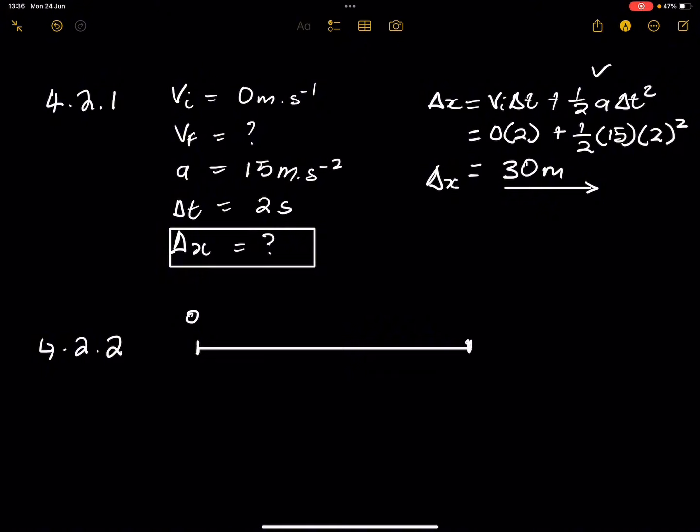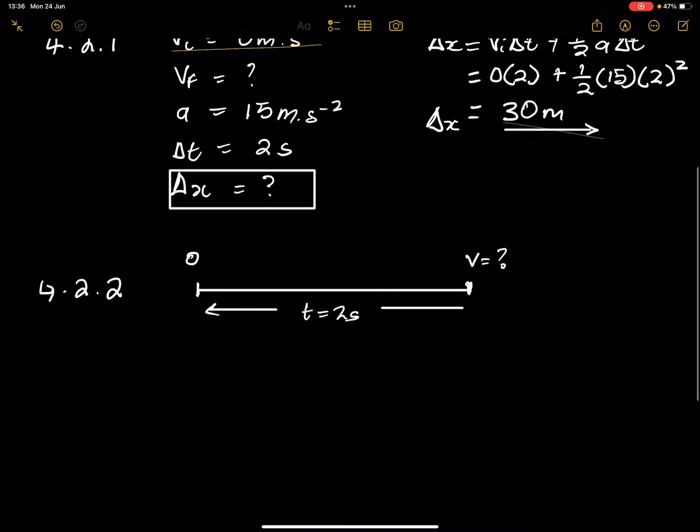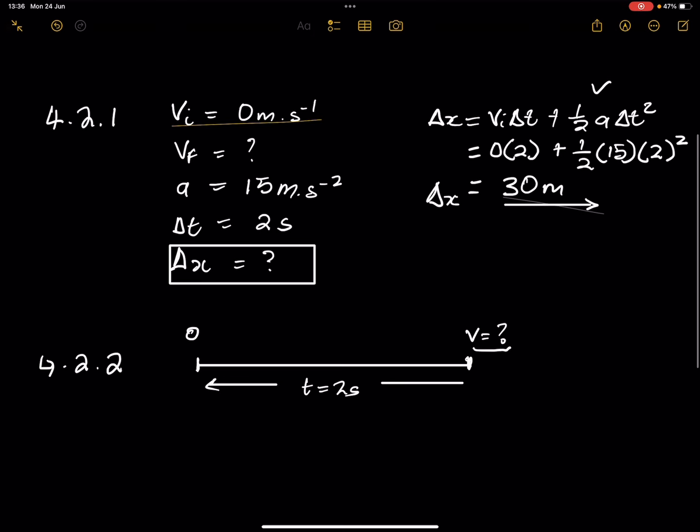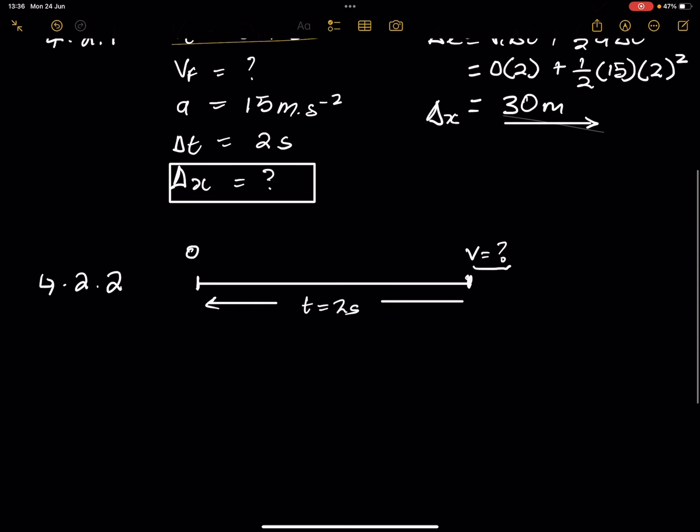We want the velocity over here after it has been accelerating for 2 seconds, right? And now, which equation can we use? We're looking for final velocity. We've got initial, we've got the acceleration, and we've got the time. And I'm sure you can see how that will actually be the first equation.